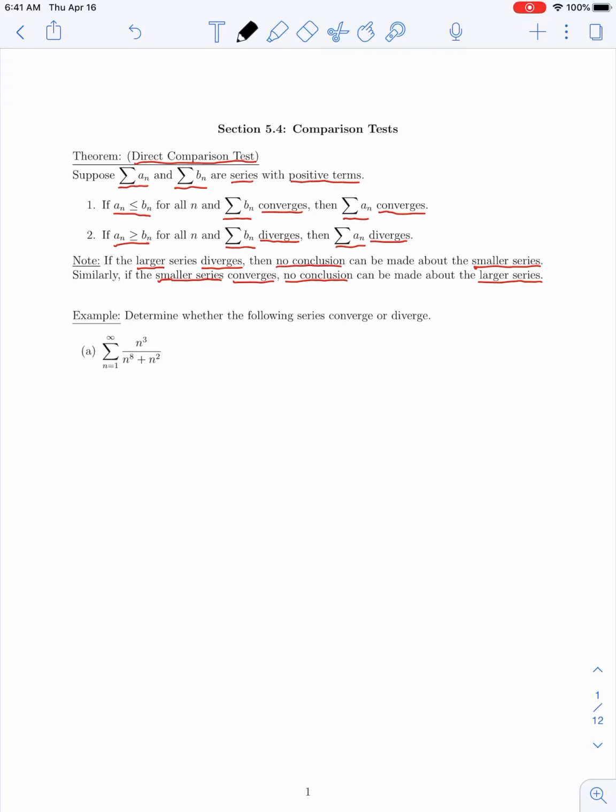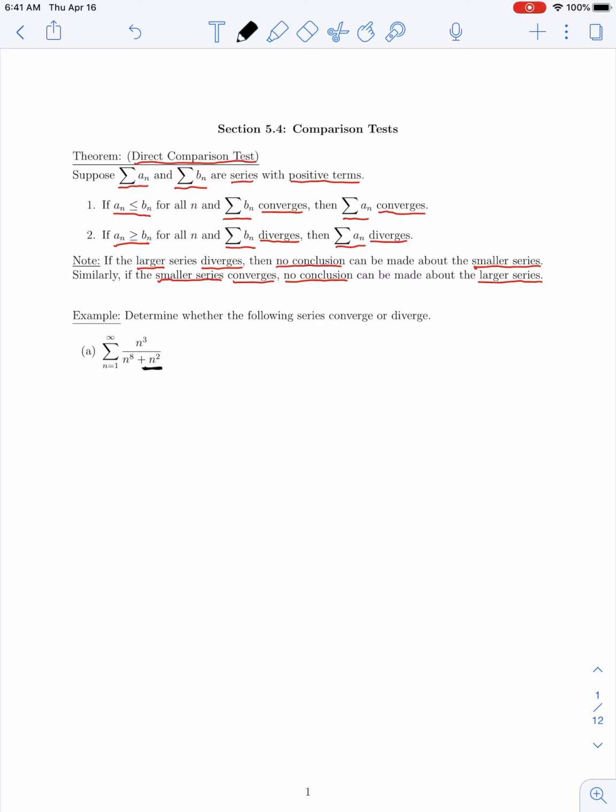So this is a quotient of two polynomials, and in my denominator, I have the sum of two polynomial terms. So let me ask myself, what would happen if I were to omit one of those terms in the denominator? So if I were to, say, omit this n squared term.